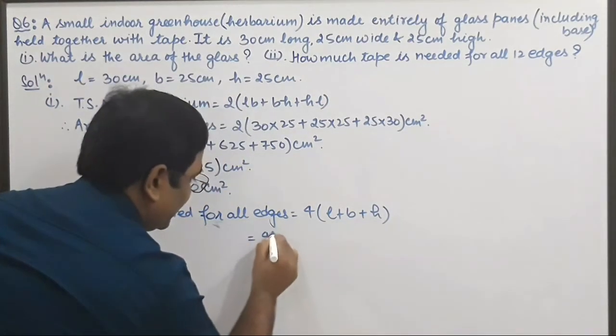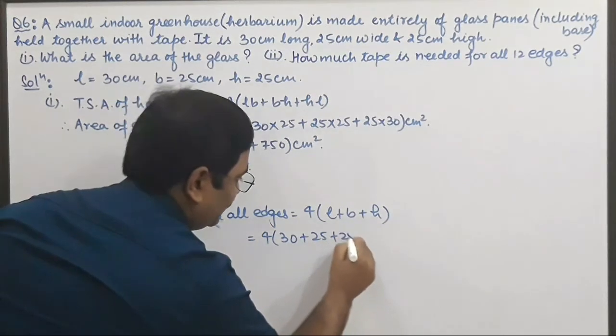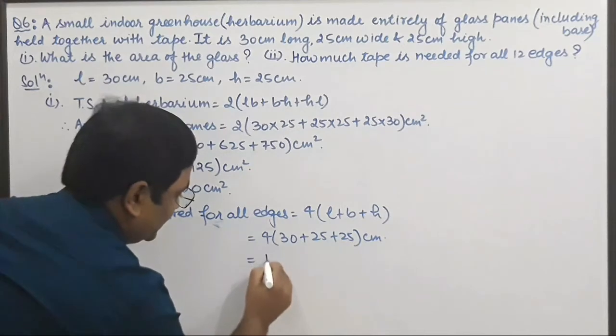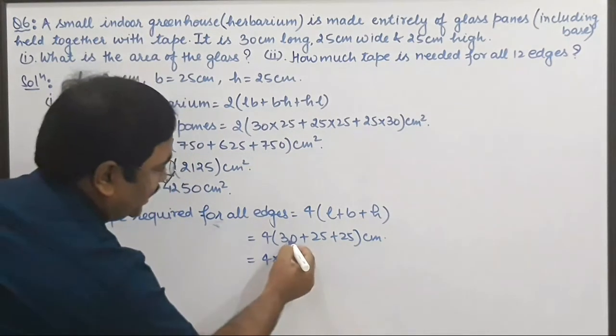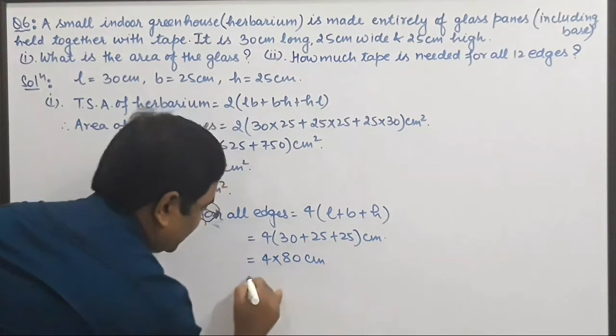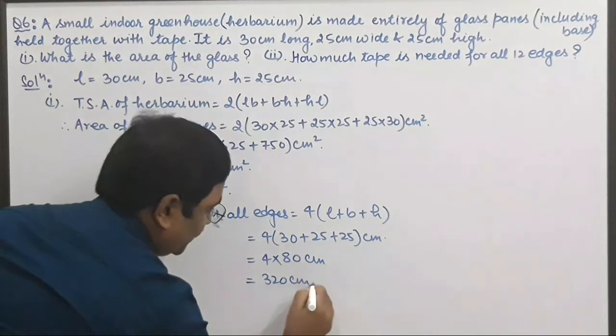So 4 into (length 30 plus 25 plus 25) centimeter. Simplify it, 4 multiplied by 80 centimeter, that is equal to 320 centimeter.